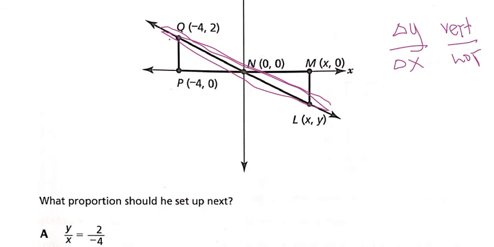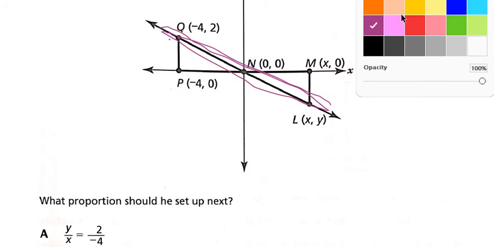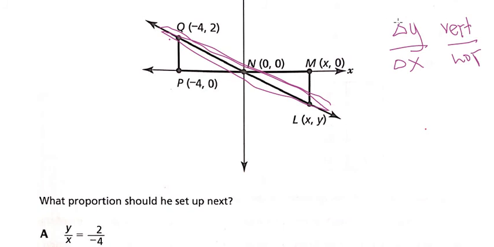So I'm going to go in here and I'm going to look at my values here for my change in y. So my change in y is this piece right here. Well, I notice that my line is going down. My change in y is negative. It's going from 2 down to 0.